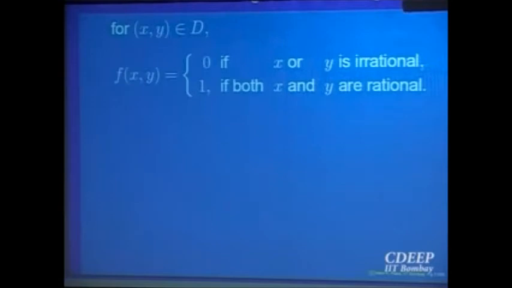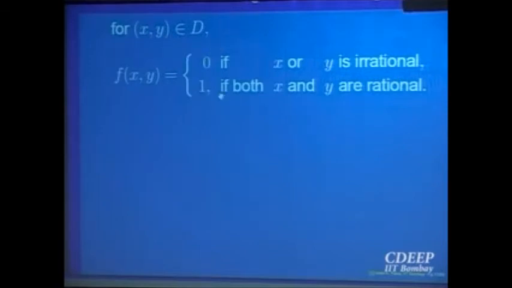So if you look at any partition of the rectangle into smaller rectangles, then in every sub-rectangle you can find a point whose one of the coordinates is irrational, right? However small the rectangle may be, there will be at least one point whose one coordinate is irrational. So if you choose that value, your sum is going to be equal to 0, right?